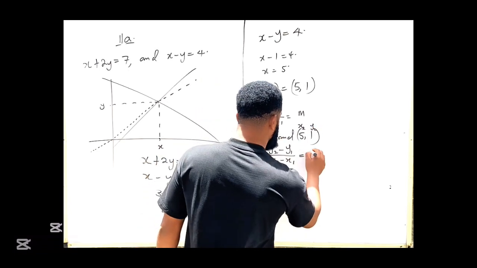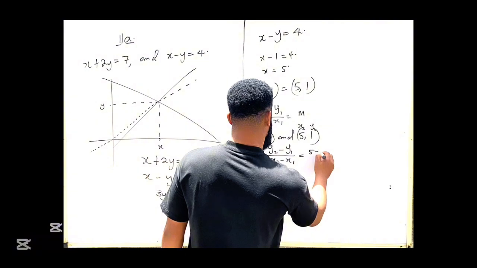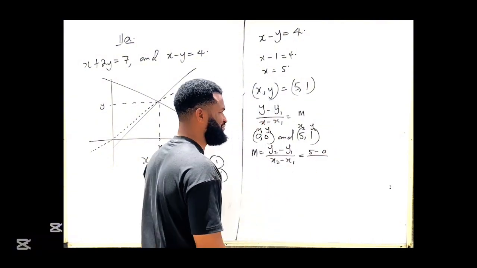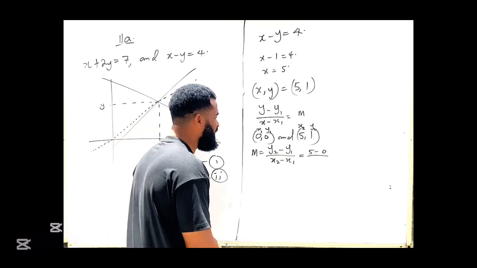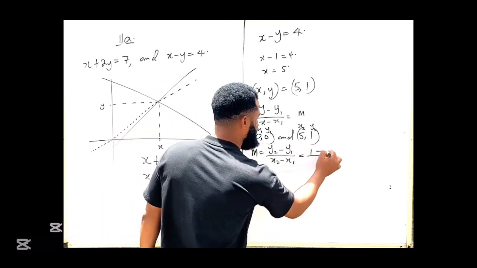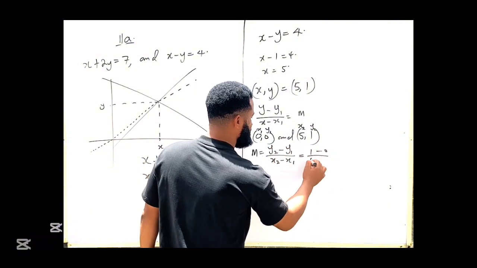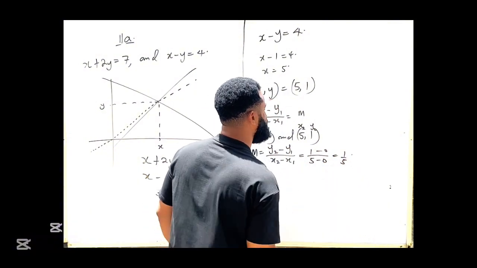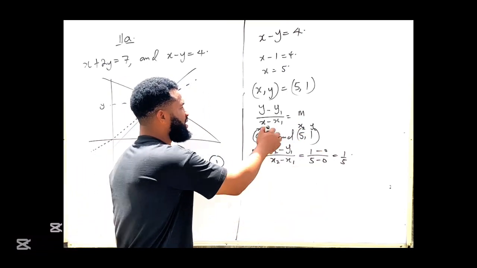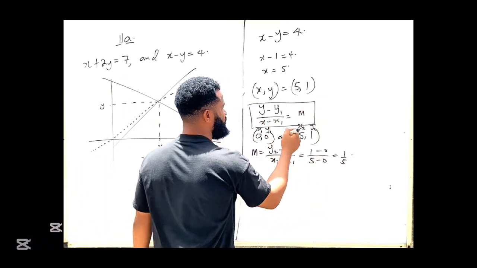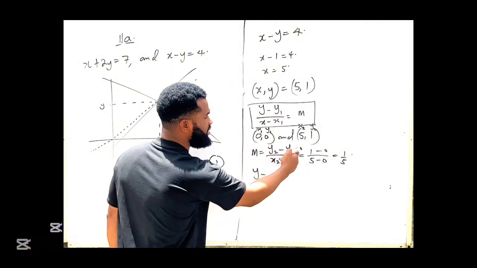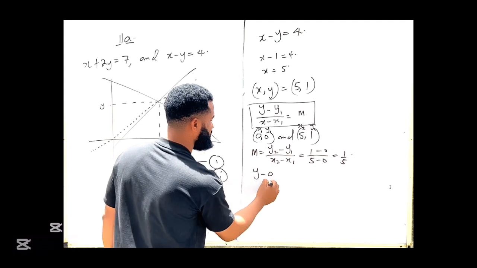So this is going to be 1 minus 0 over 5 minus 0, which is 1 over 5. So my gradient is 1 over 5. I will go back to this equation and substitute m to be 1 over 5.